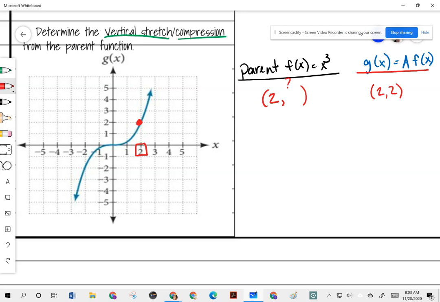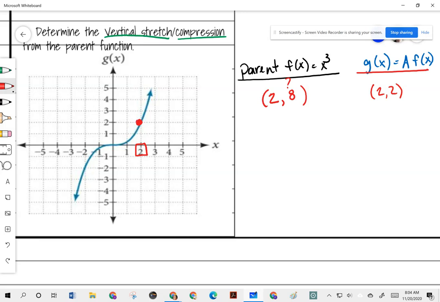Well, if the parent function is x cubed and you're replacing x with 2, then your parent function, that point that matches up with 2, 2 would really have been the point 2, 8. Okay, so on your parent, this corresponding point would have been at the point 2, 8.